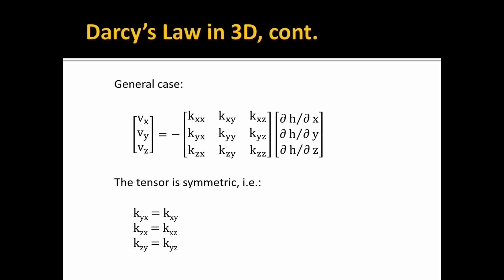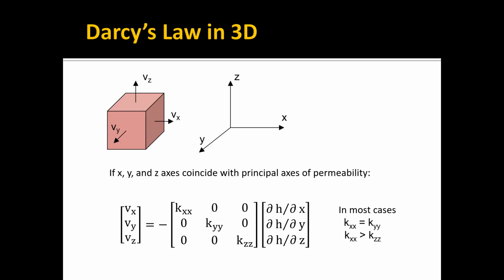I will say, while this is the more general case, when we get to MODFLOW, one of the assumptions in the governing equations for MODFLOW is that your x, y, and z axes coincide with the principal axes of permeability. And so there are no off-diagonal terms.